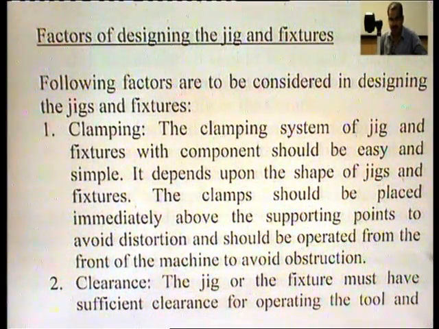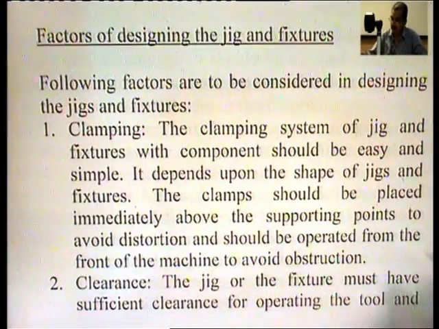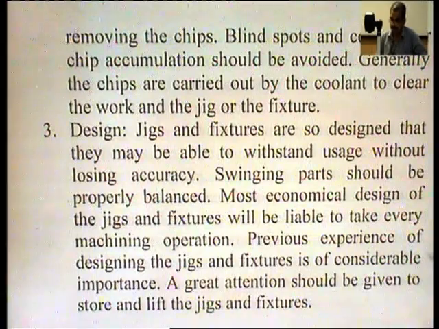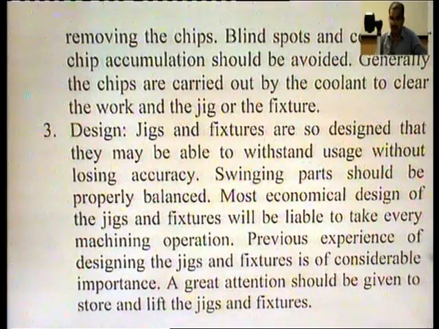Second is clearance. The jig or fixture must have sufficient clearance for operating the tools and removing the chips. Blind spots and corners for chip accumulation should be avoided. Generally, the chips are carried out by the coolant to clear the work and the jig or the fixture.